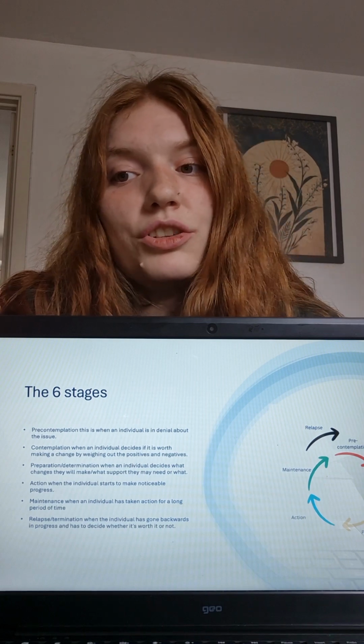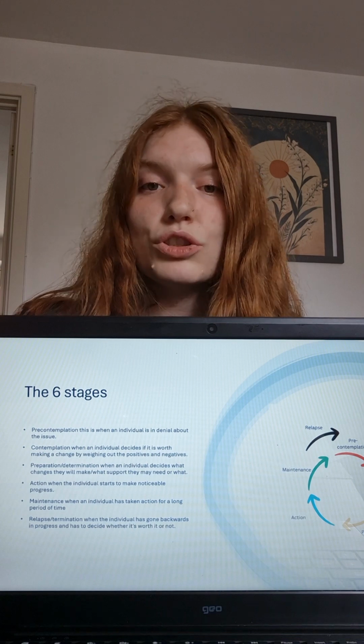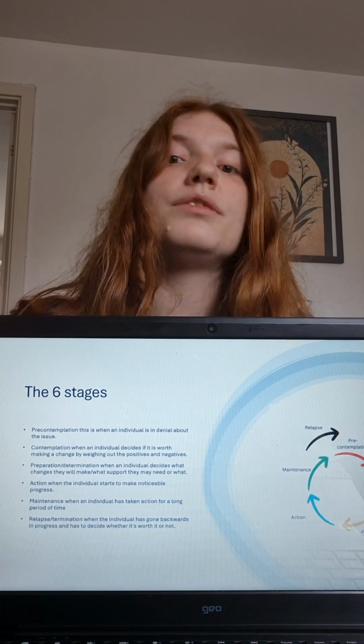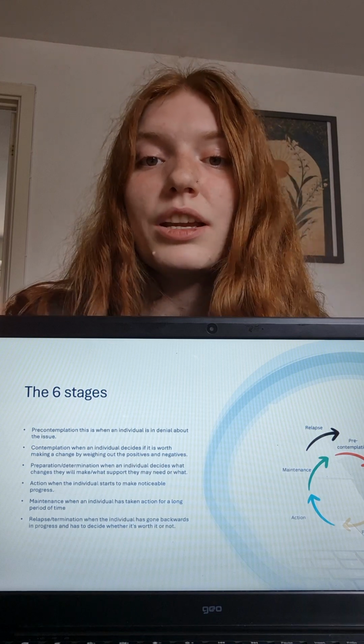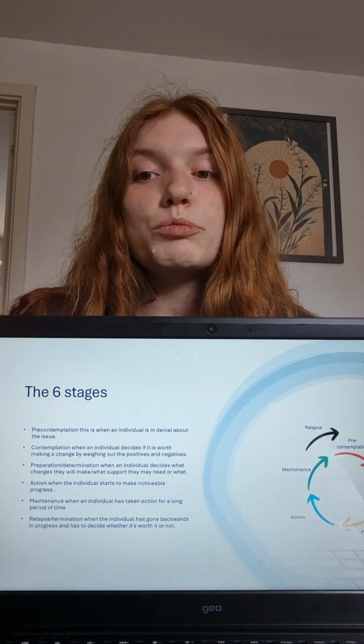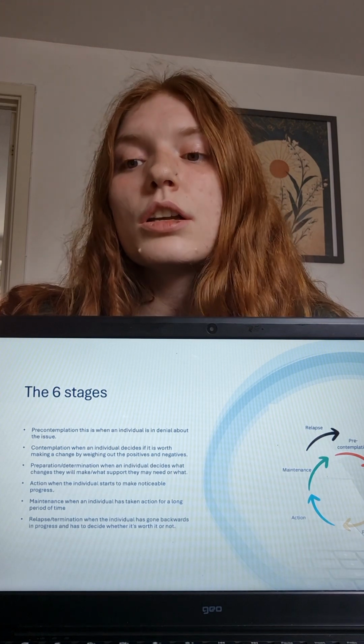Preparation and determination. This is when an individual decides what they want to change and what support they may need and want. Action. This is when an individual starts making noticeable progress in their condition. Maintenance.